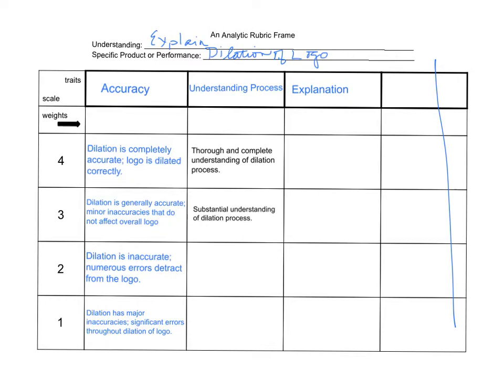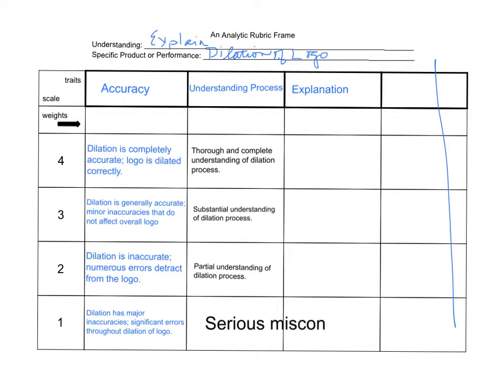My next one down is partial or incomplete. So partial understanding of dilation process. And then finally, misunderstandings or serious misconceptions. So I'm going to go with serious.